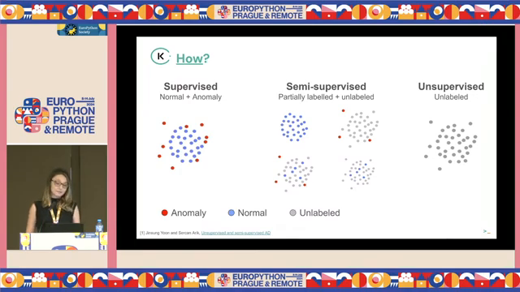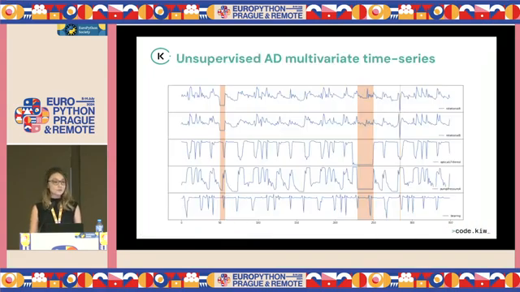But most likely, you will have only partially labeled data together with a large quantity of unlabeled data. This is the semi-supervised setting. Or even more likely, you will lack any annotation at all. This is the unsupervised setting, which is also the most technically difficult one and the focus of my presentation.